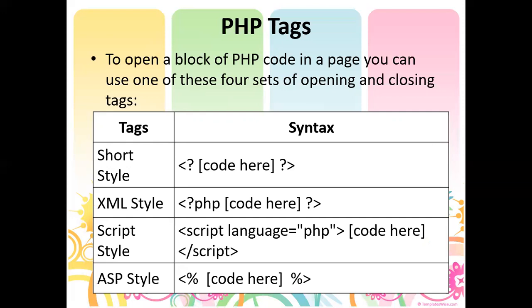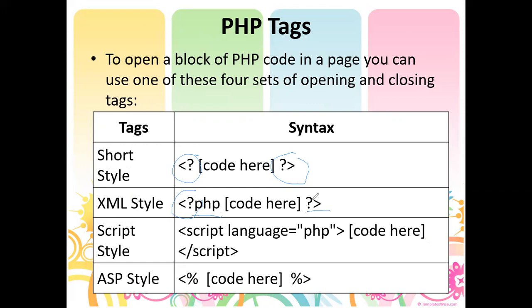The short style, wherein you only have question marks aside from your angle brackets. The other style is you have the angle bracket, question mark, and then PHP. And then it's a PHP delimiter, meaning it has to have the closing tag.